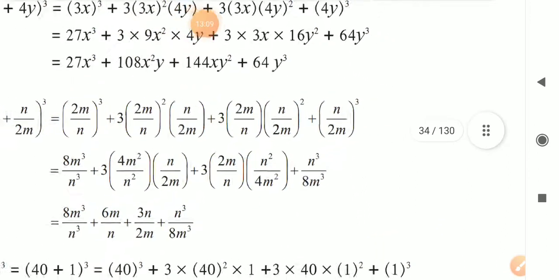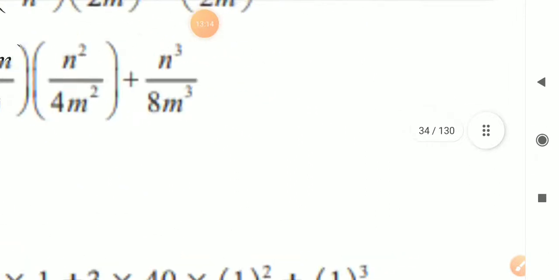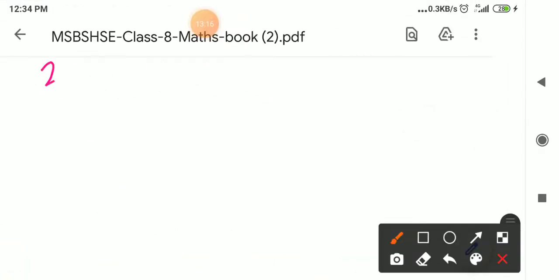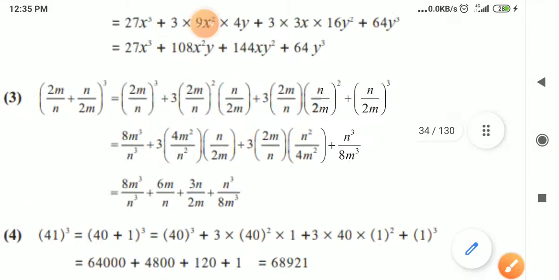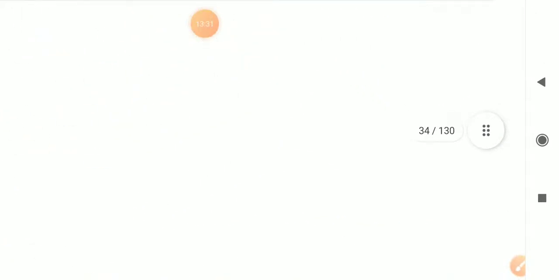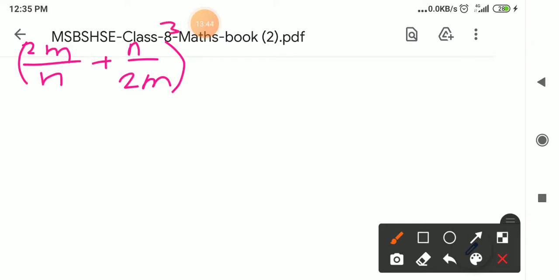2m upon n plus n upon 2m, bracket cube, we have to expand it.